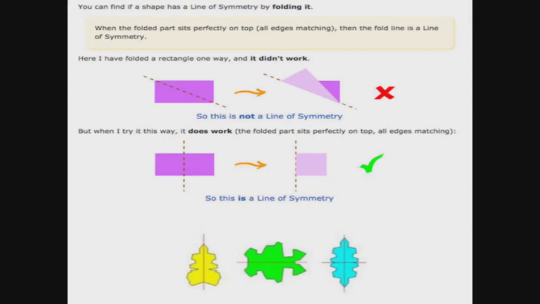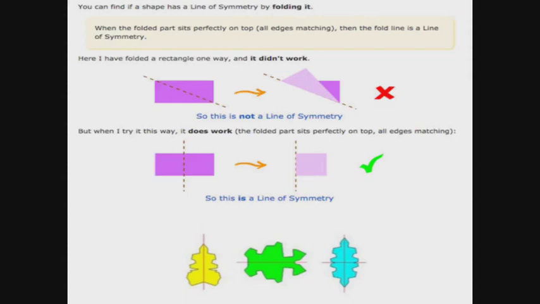Here is another example. You can find if a shape has a line of symmetry by folding. When the folded parts sit perfectly on top of each other, then the fold line is a line of symmetry.